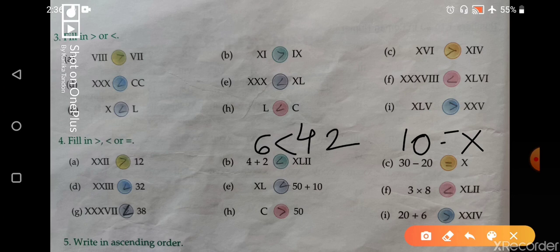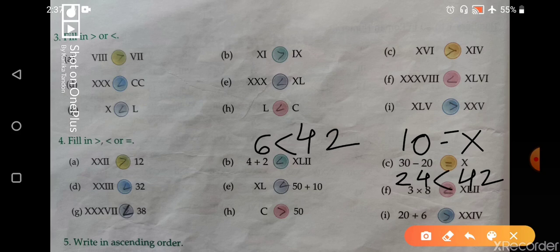So it is the same. So we'll put an equal to sign. Coming on to the F part, 8 3s are 24. And this is written XL and 2 I. So XL is 40 and 2 I is 42. So is 24 a smaller number or 42?